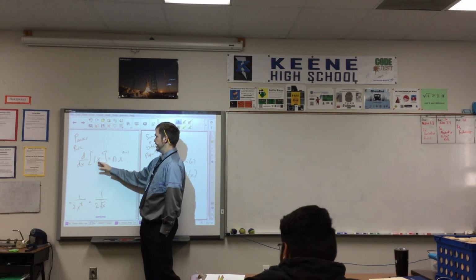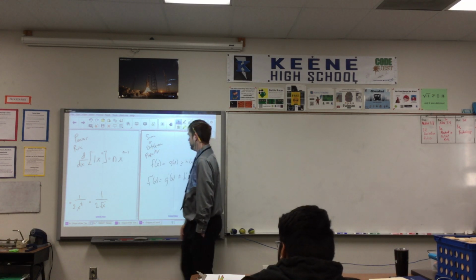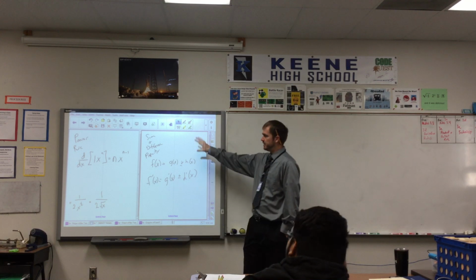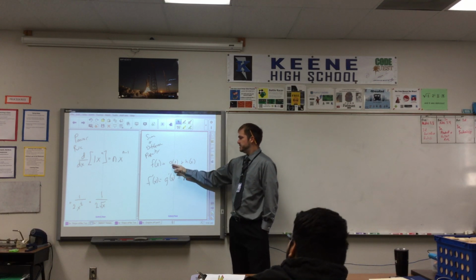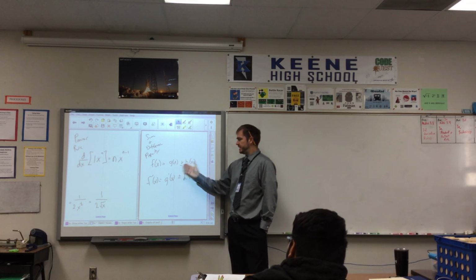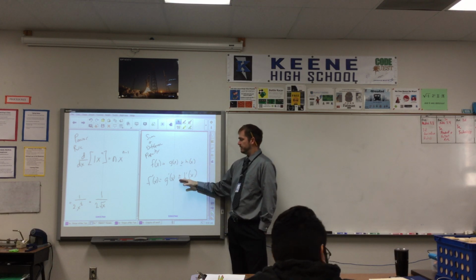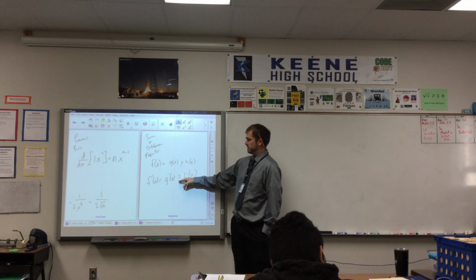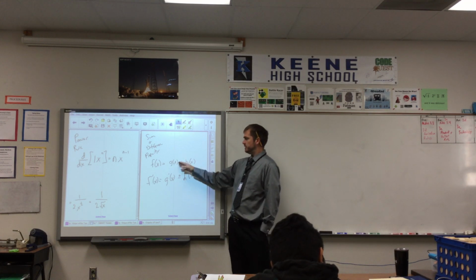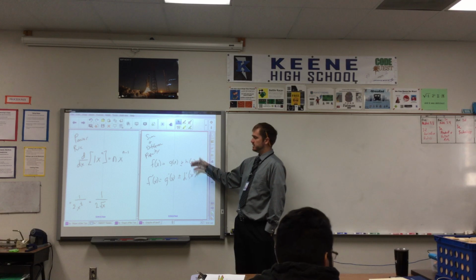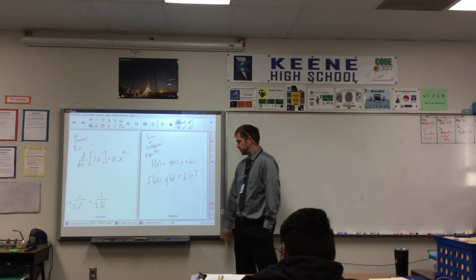So derivative of x to the n is n times x to the n minus 1. Sum and difference property of derivatives. If you have a function which is made up of other functions, adding or subtracting, then the derivative is the sum or difference of their derivatives. So if you have g of x plus h of x, then the derivative is g prime plus h prime.